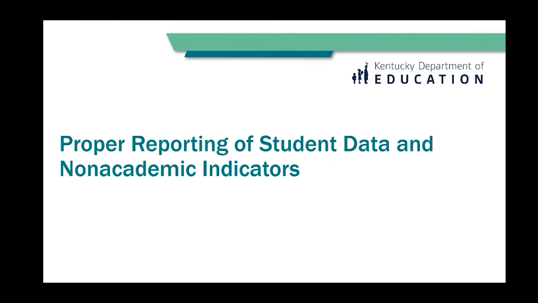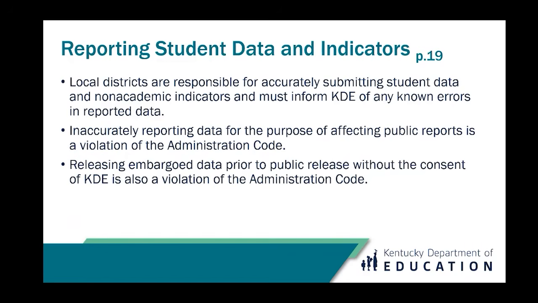One component of the state assessment and accountability system is public reporting of the student data and non-academic indicators. Aggregated student data and accountability indicators are reported publicly for schools and districts.